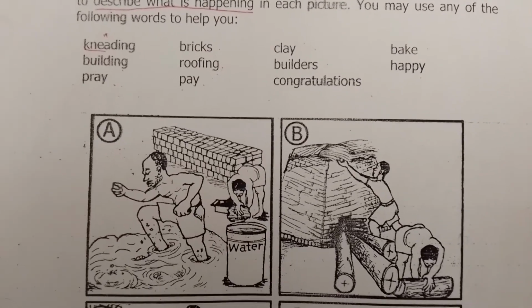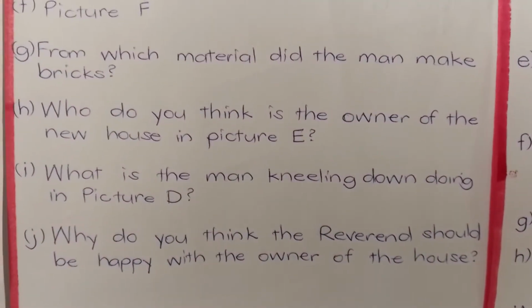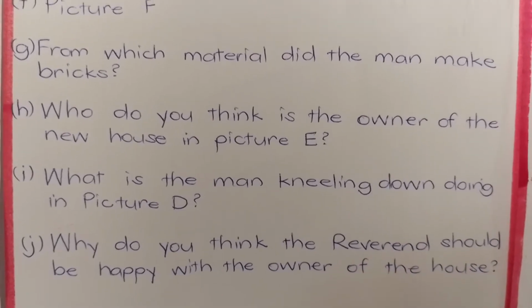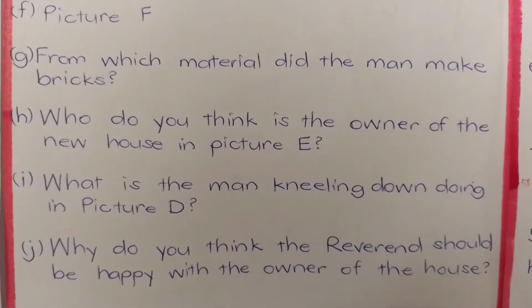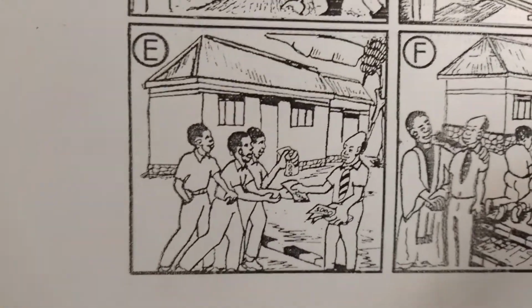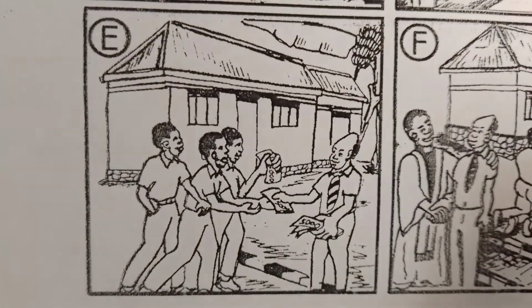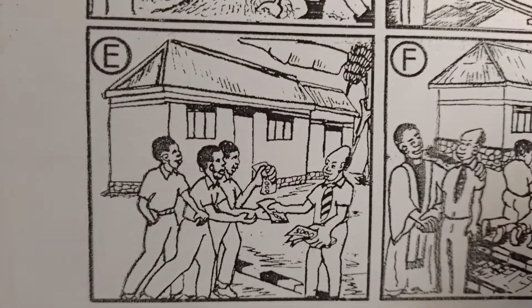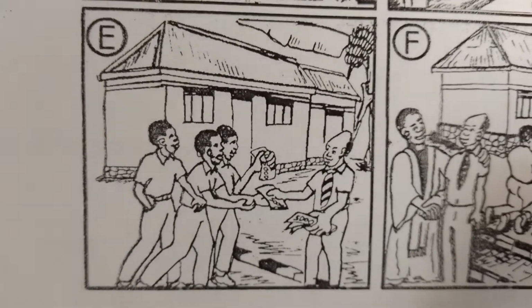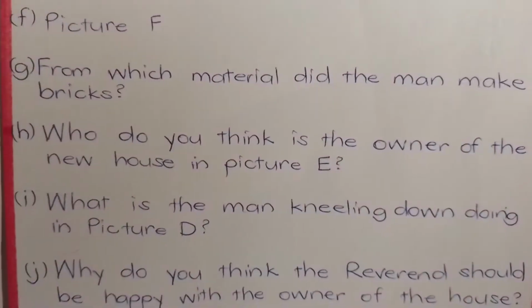Question H. Who do you think is the owner of the new house in picture E? We come back to picture E, and we first look at it to see who could be the owner of the new house. Back to the question. Questions of this nature, who do you think?